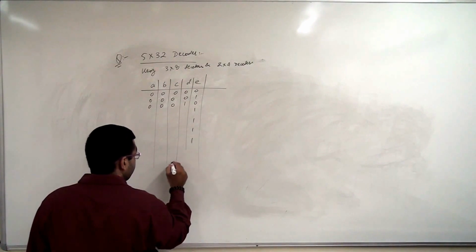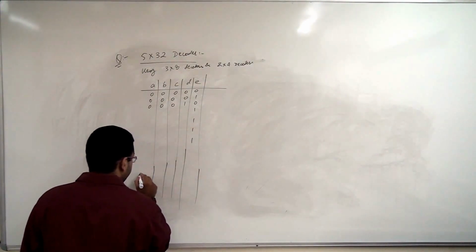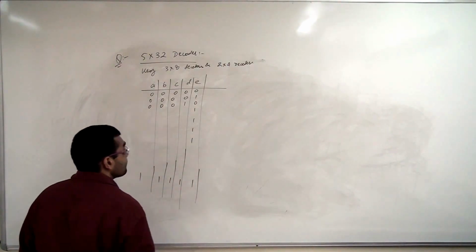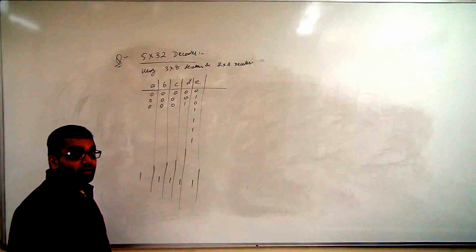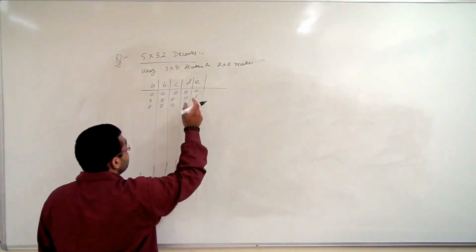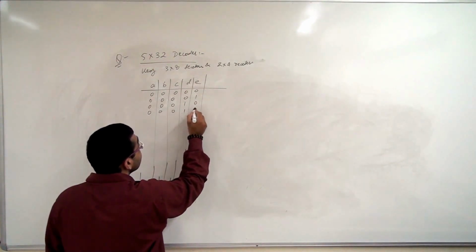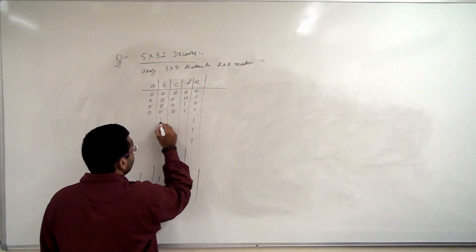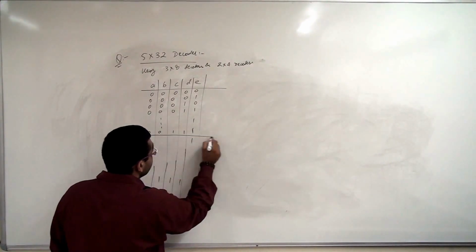So on up till we have all ones. Now since I have to use a 3 cross 8 decoder and a 2 cross 4, I will make the partitions in so on up till we will have 0 0 1 1 1, our first partition.